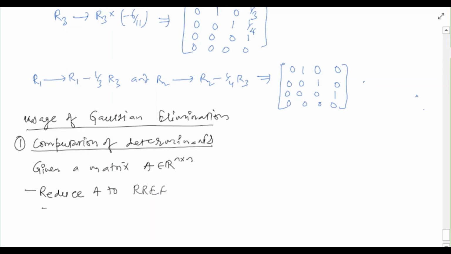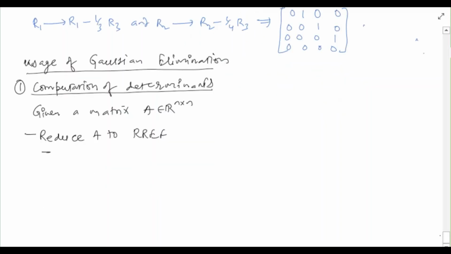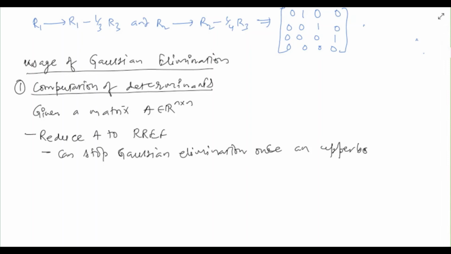In fact, we can stop the Gaussian elimination procedure as soon as we get an upper triangular matrix. Stop Gaussian elimination once an upper triangular matrix is obtained. So we need not go all the way to reduced row echelon matrix.